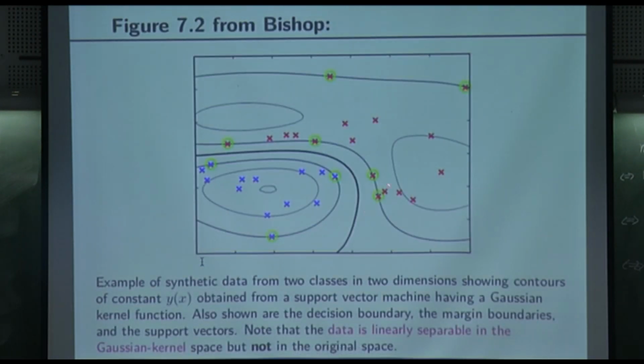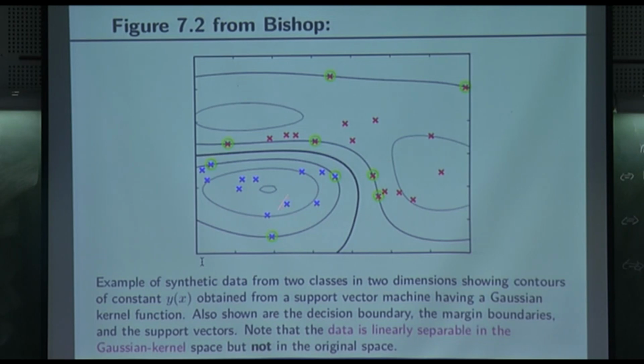Here is an example of synthetic data from two classes in 2 dimensions, showing contours of y(x) obtained by a support vector machine with a Gaussian kernel function. Also shown are the decision boundaries, the margin boundaries, and the support vectors. Everything that is circled is a support vector. This dark line is the separator between the 2 classes.